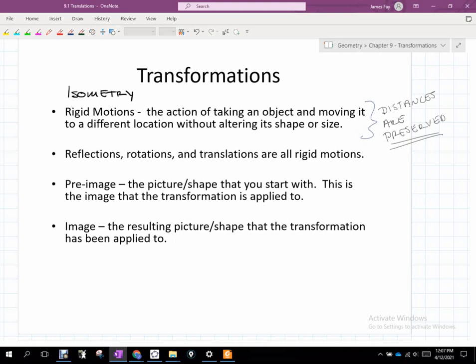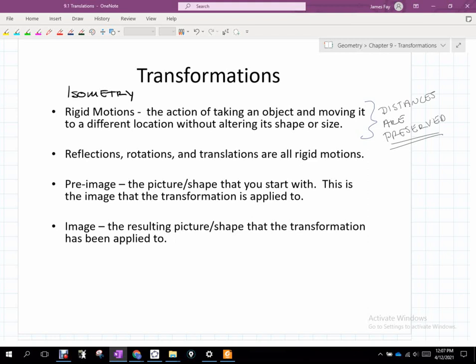Does that make sense? Okay. And in order for that to happen, distances cannot change. So all of those reflections, rotations, translations, we should be able to take the final image and in some way move it, rotate it, reflect it to where it matches up exactly with the original image.